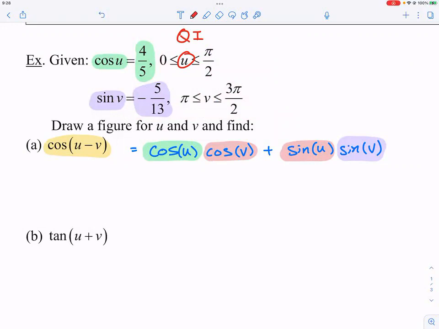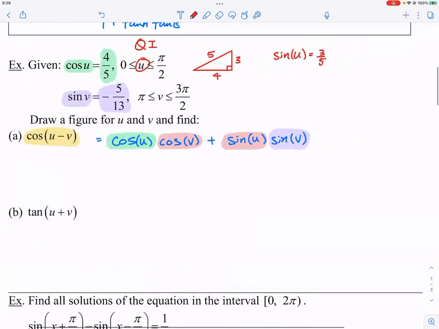That means we have this little triangle right here. This is 4, and this is 5. Guess what the opposite side is? It's got to be a 3. So if I need to get the sine u, it's going to be 3/5. It's positive because it is in quadrant 1. Always be careful with the quadrant.